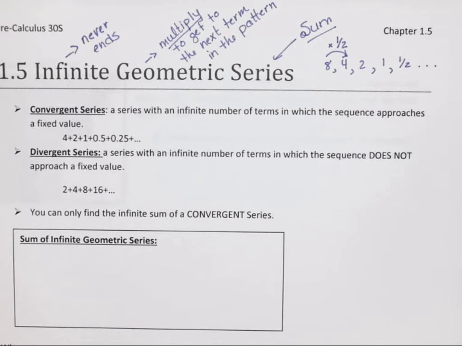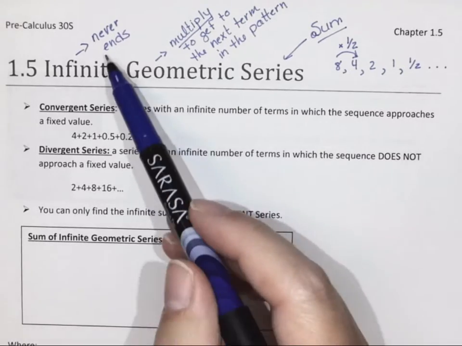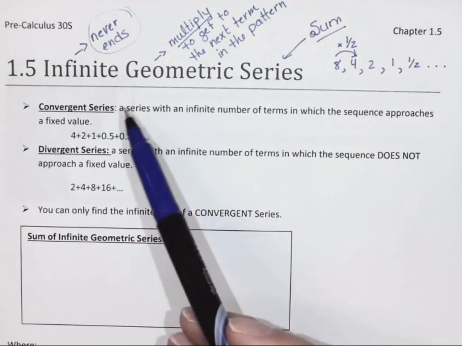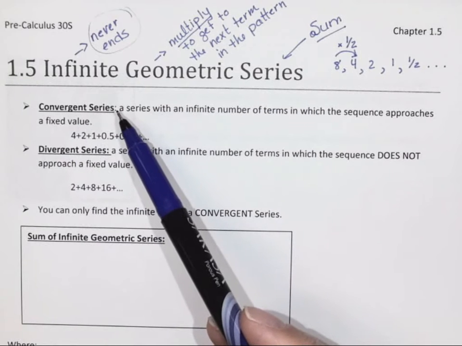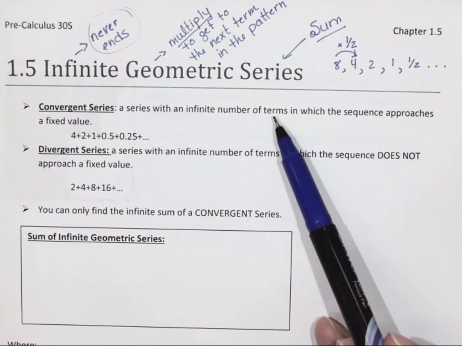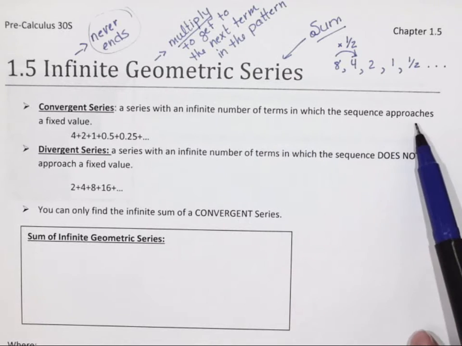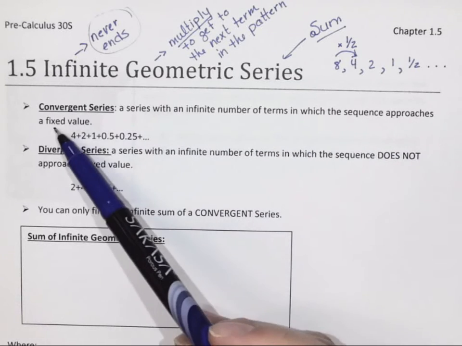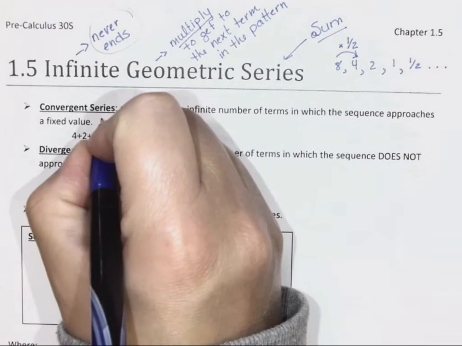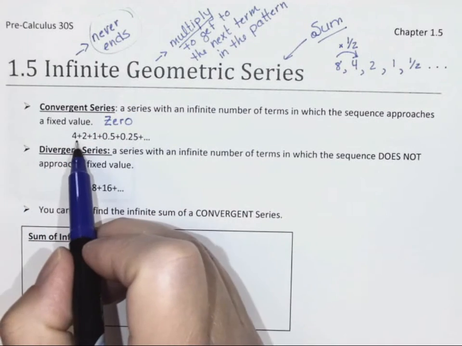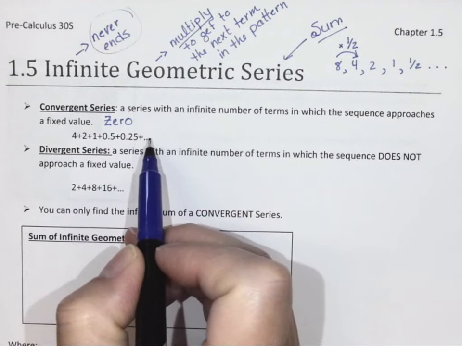Now this one's a little bit different because this never-ending thing makes it a little bit tricky. A convergent series is a series with an infinite number of terms, so obviously it can go on forever, which approaches a fixed value. The fixed value is always 0. That means the numbers are getting smaller and smaller.